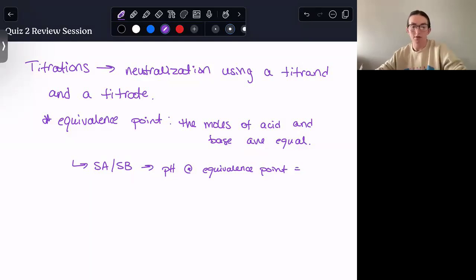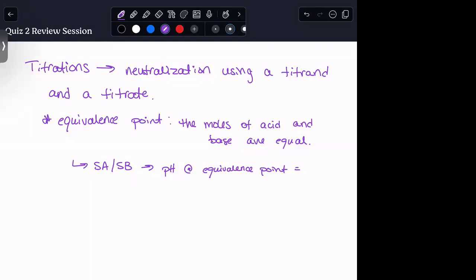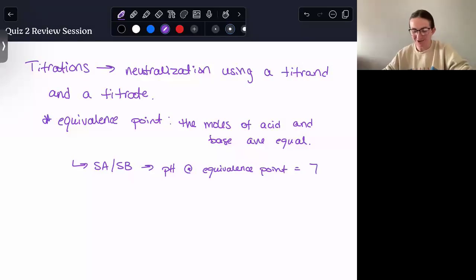Throw out any number. Would it be 7? It would. Yep, perfect. So for a strong acid and strong base, your pH is going to be 7. It doesn't matter what strong acid you use. It doesn't matter which strong base you use. It doesn't matter the concentrations of either one of those. It just matters that the pH will be 7. We can figure out how much of each one that we would need, but your pH will be 7.